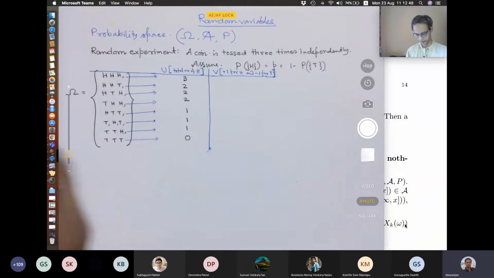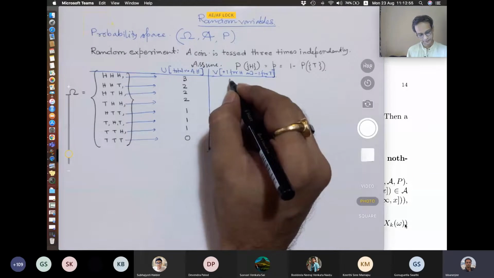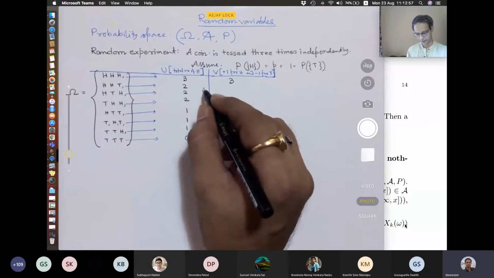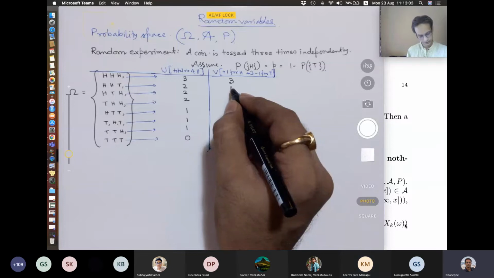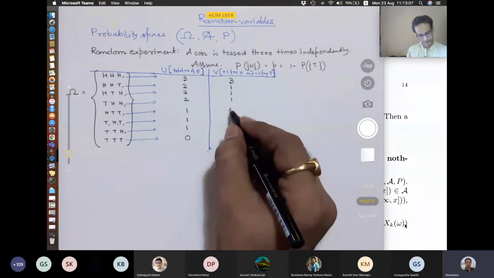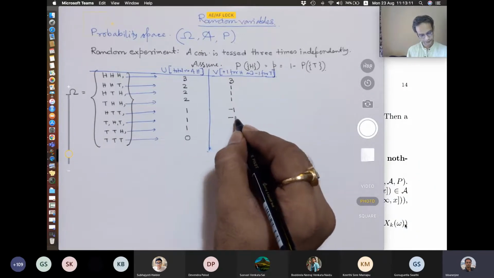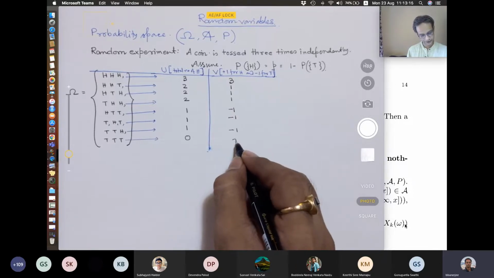Okay, so now what could be the possible values of v? The first one is 3. Second one, how much? 1. 1. So this is 1, this is 1. What will be the fifth one? -1. -1, -1, and the last one -3, right?